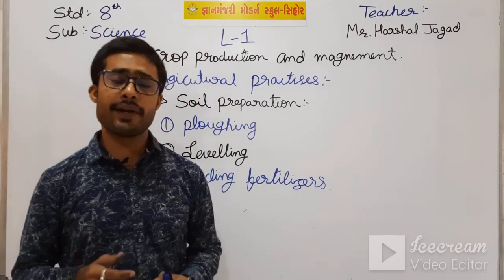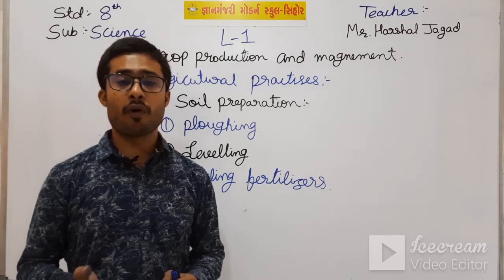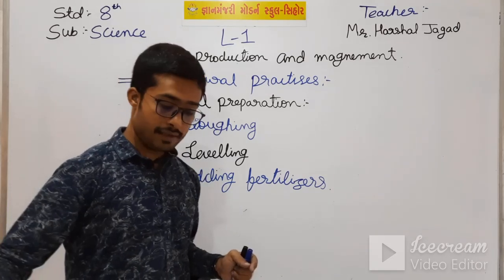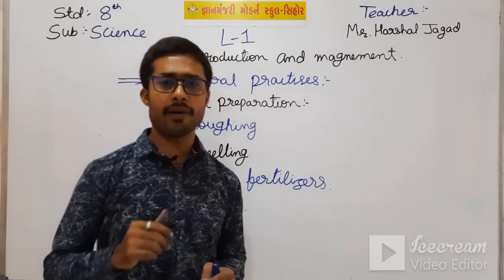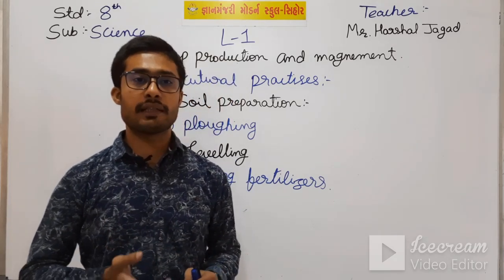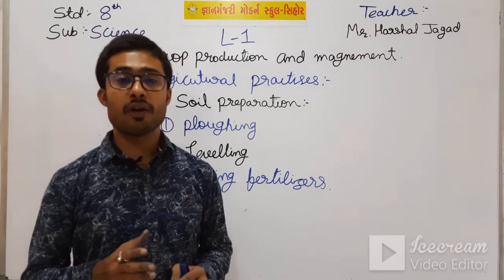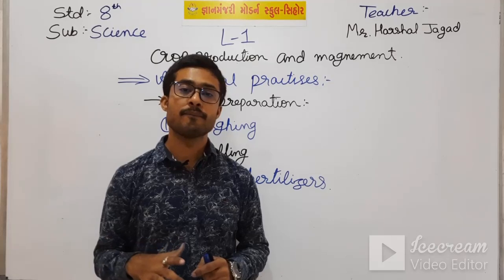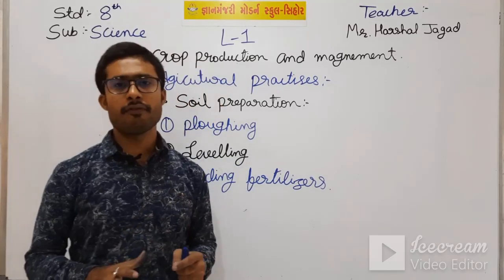Now in the olden days it is ploughed by the use of bullock carts or camels, and nowadays due to technology tractors are used. In your books there is an image of a tractor in which the farmer is ploughing his farm.